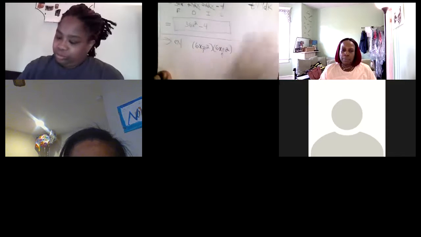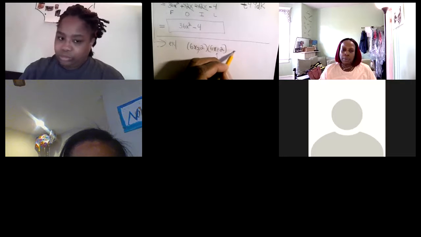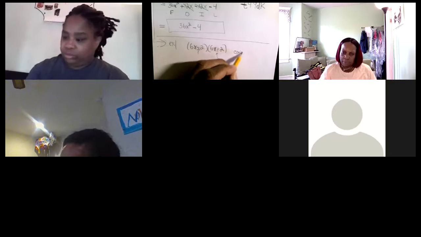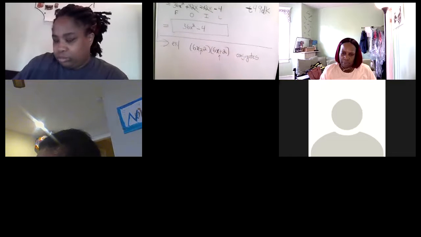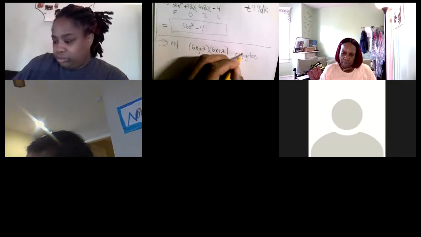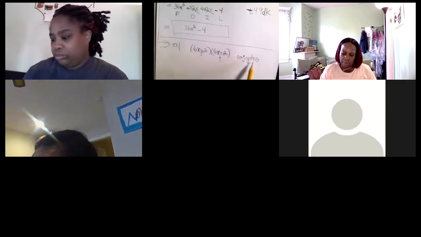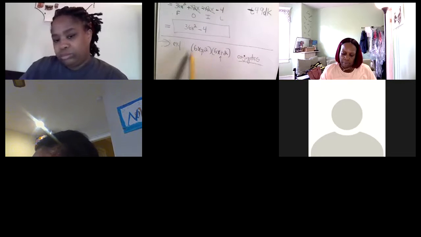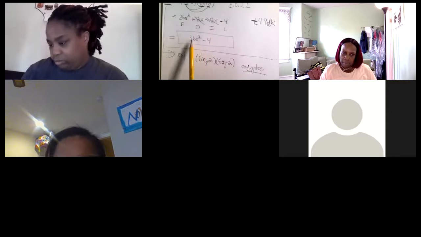So they call these types of binomials conjugates. And you don't have to define it or anything, but when you multiply conjugates, the final answer will always have two terms.